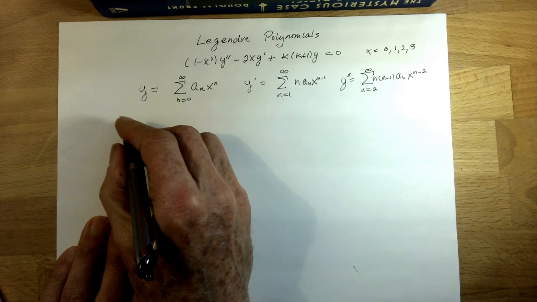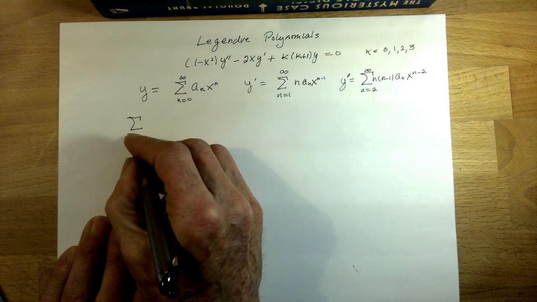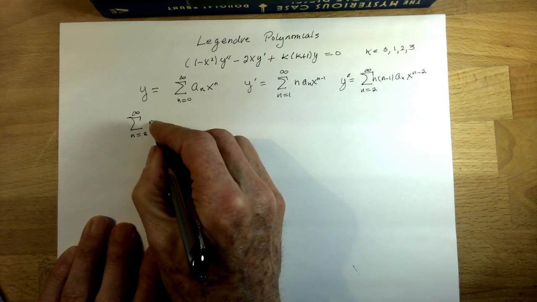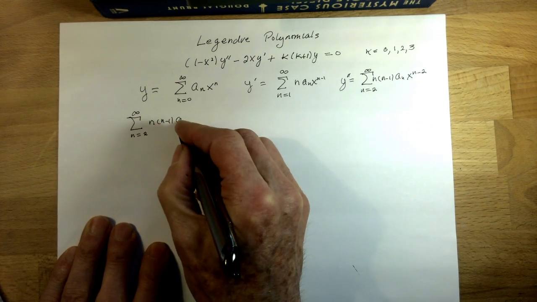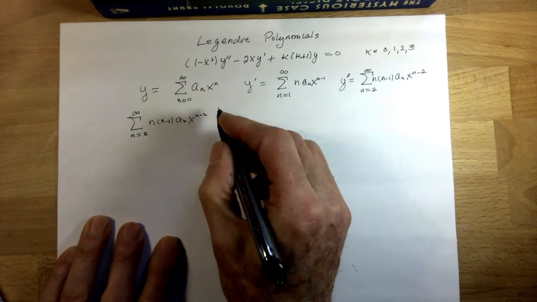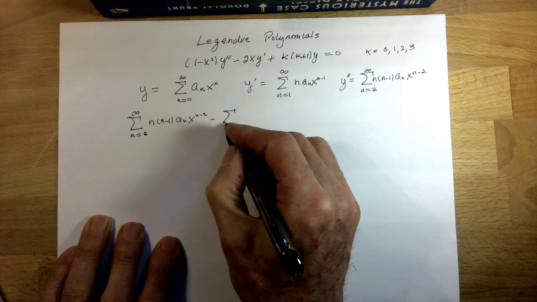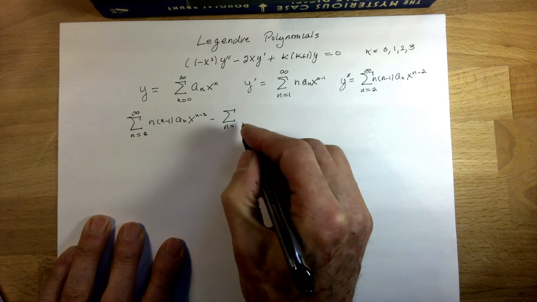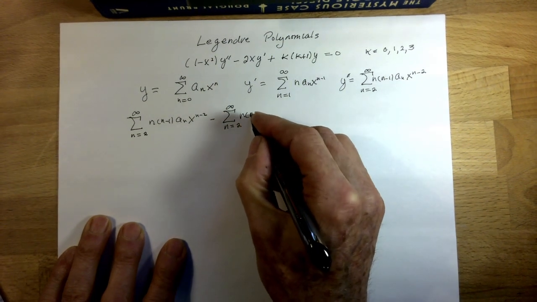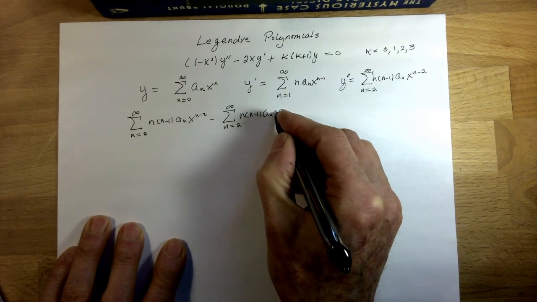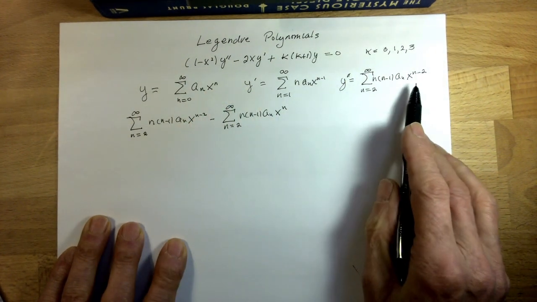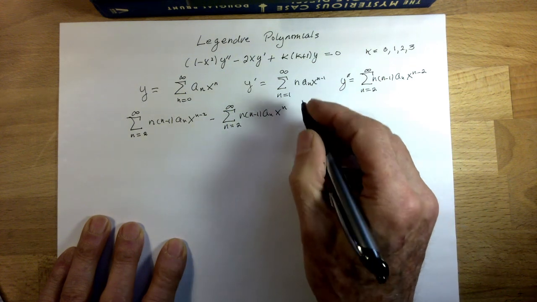We get the sum n equals 2 to infinity n times n minus 1 a sub n x to the n minus 2. That's from the y double prime times 1, minus the sum n equals 2 to infinity n times n minus 1 a sub n x to the n, because x squared times x to the n minus 2 is, of course, x to the n.